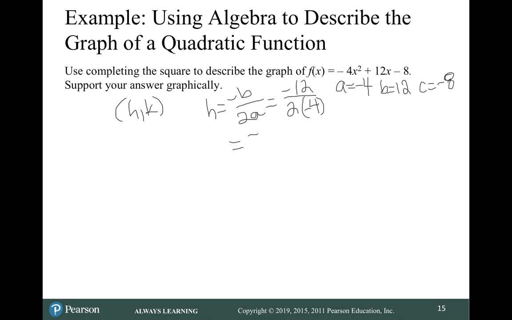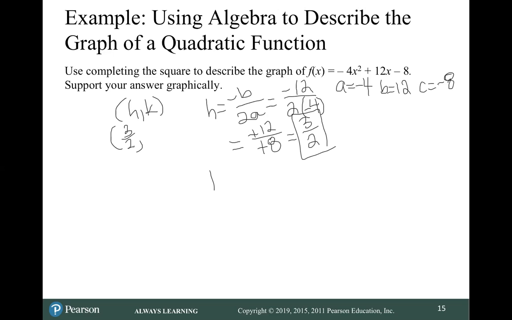That gives me negative 12 divided by negative 8. 4 goes into both of those, and negative divided by a negative is positive. So that is 3 halves. There's my h value, 3 halves. Now I need k.